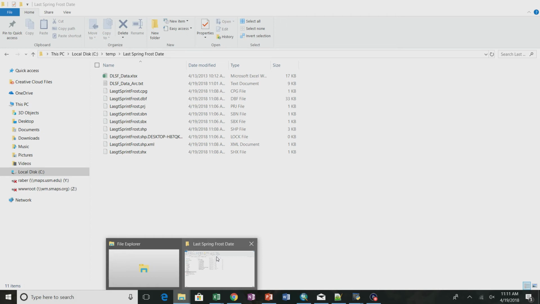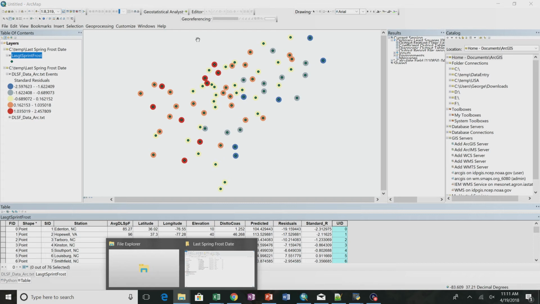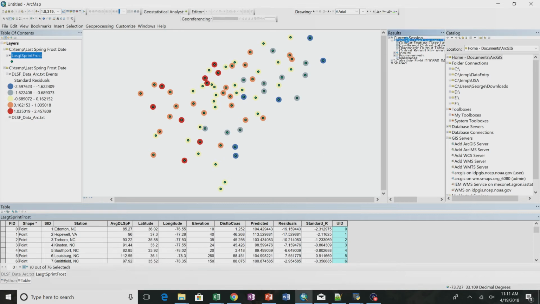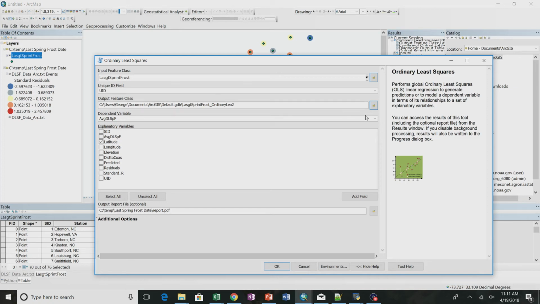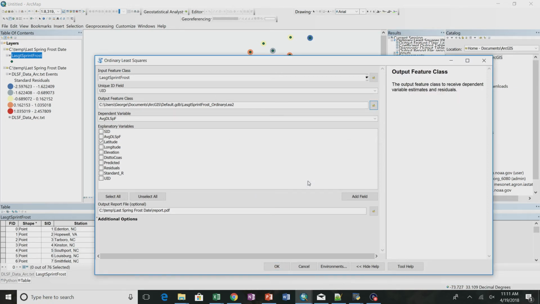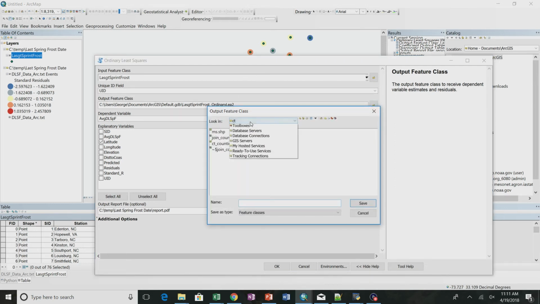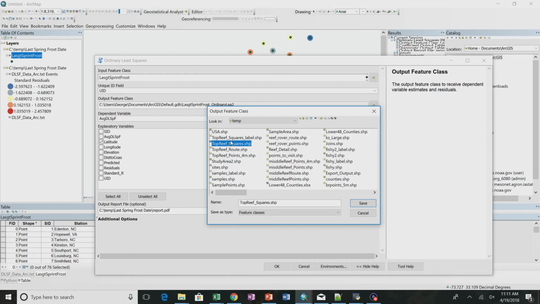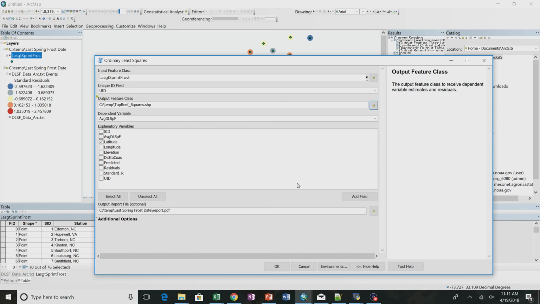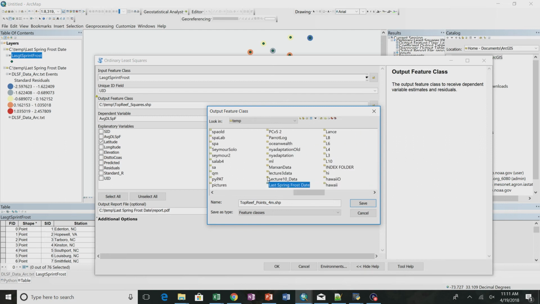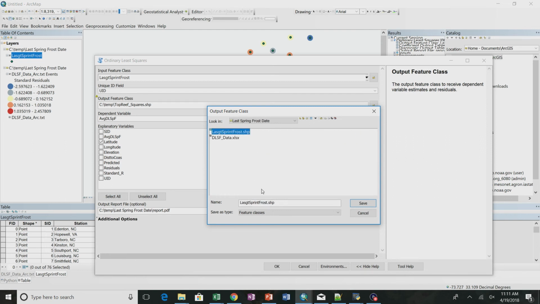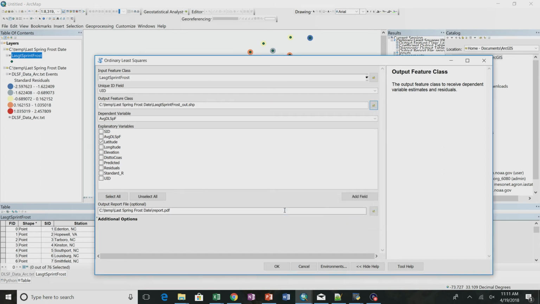I thought I said I was going to put it right there. Let's try rerunning it. So that's where it put the data. Let me actually put it somewhere else so that I can get to it. Explanatory variable, latitude, that should work.